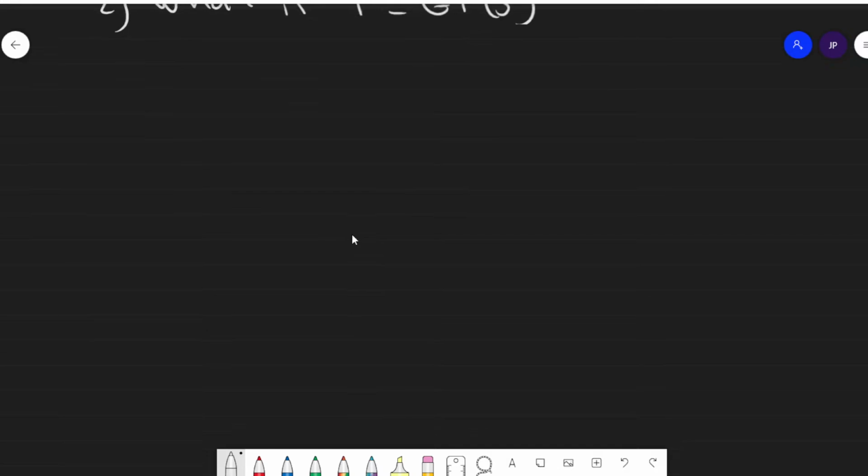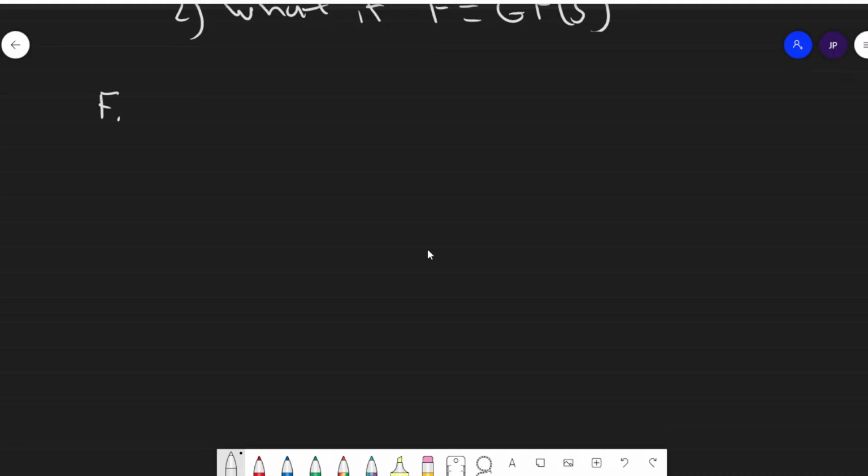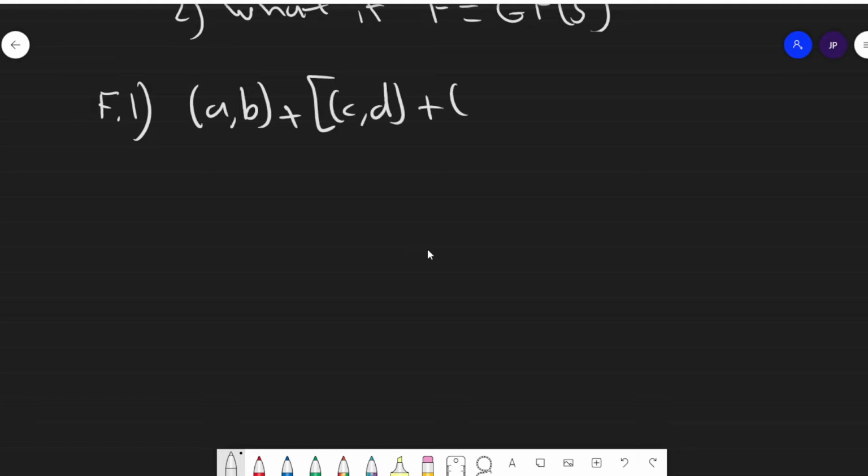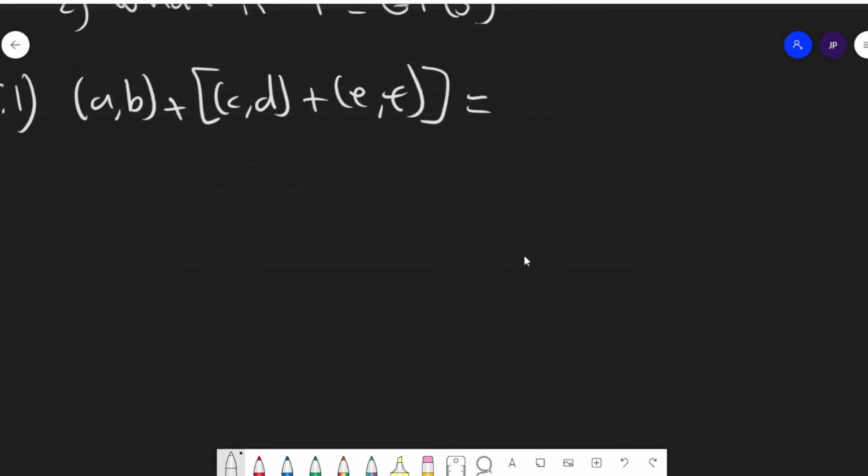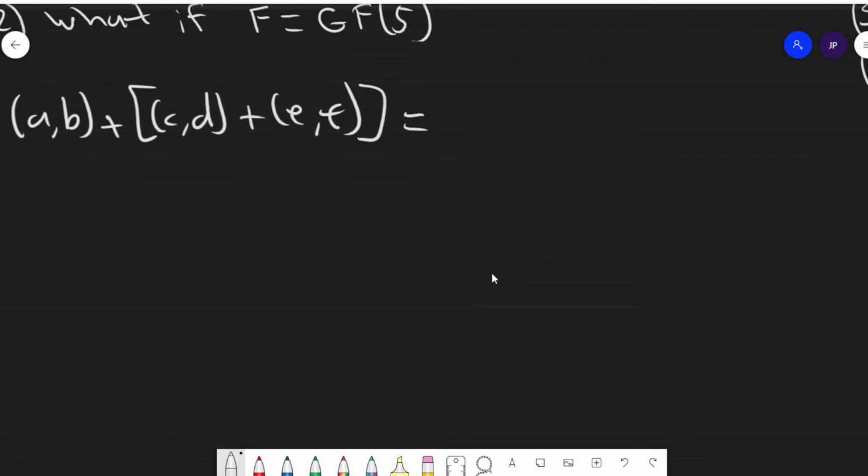Okay, let's write down then field condition 1. Field condition 1 basically wants me to show associativity, and we're going to do it by associating those two, and then check whether I can associate it the other way around and still get the same result.